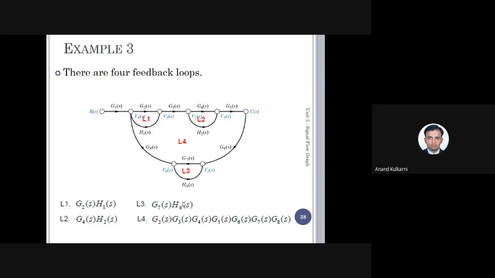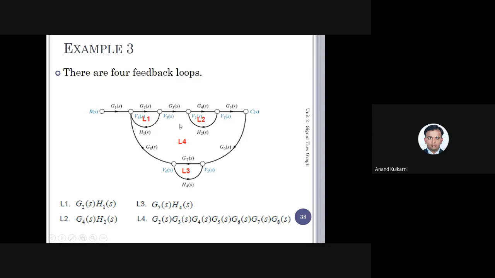So next, what is the next condition? We'll have to find the 2 non-touching loops. If I consider L1 and L2, yes, L1 and L2 can be taken because they are 2 loops which are not touching one another. Similarly, L1 and L3 is also possible because they do not have the same common nodes. Similarly, L2 and L3.